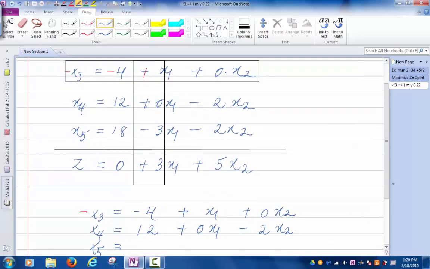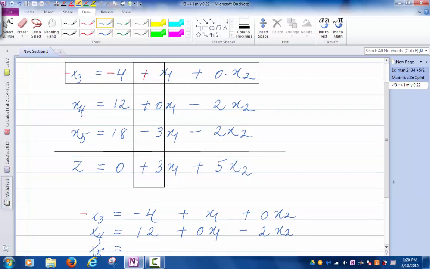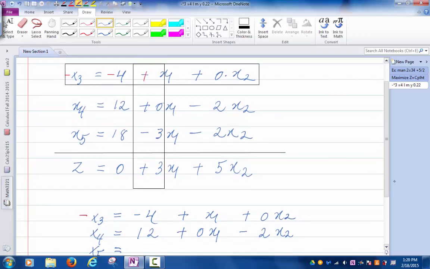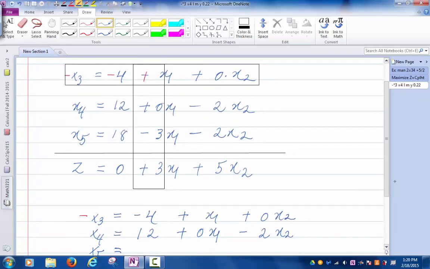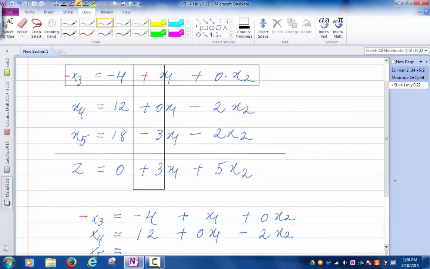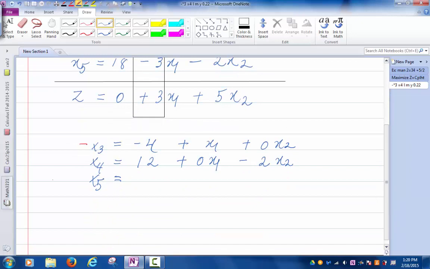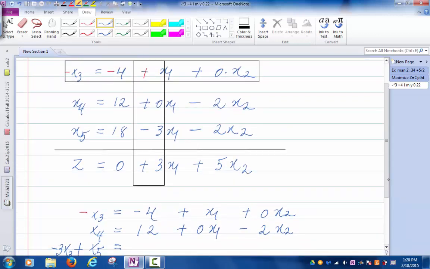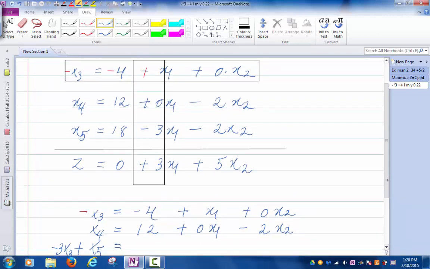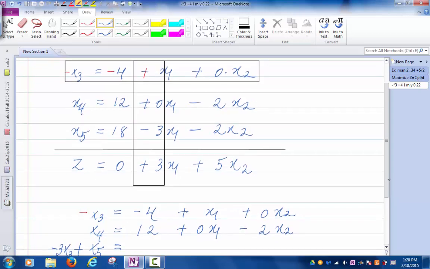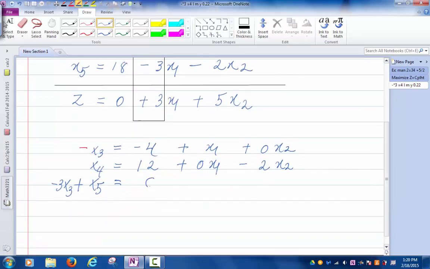I am multiplying the first row by 3. So on the left hand side, I get negative 3x3, and then I'm going to add it to the last row. Negative 4 times 3 is negative 12 plus 18. What is that? 6. This will become 0, of course, because that's the goal.